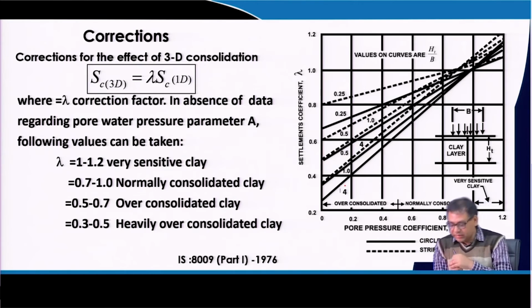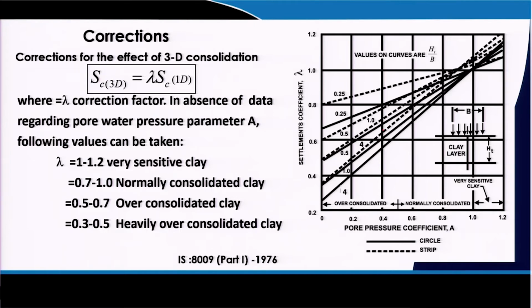So, this is the chart. If you have the A value, then corresponding to that A value, whether it is a circular footing or strip footing, and if it is in between, you can linearly interpolate the value. For a square footing you can also use the circular footing curve, which is more or less the same.